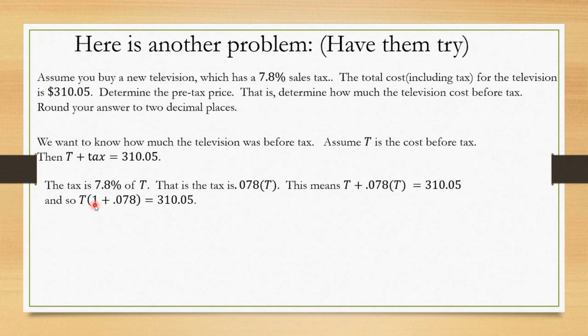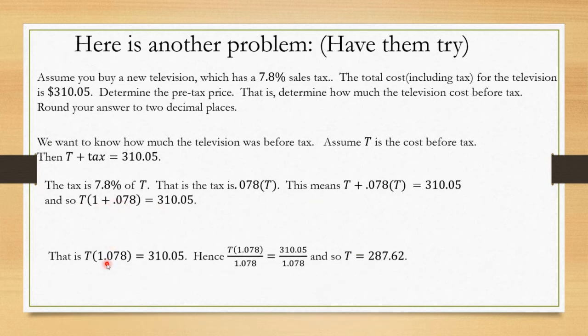Here, we have T times this sum. I took T out. Again, that's distribution in reverse, factoring. This is the same as 1.078 times T. So we have this equation. How do we get T? We just divide. T is the unknown, and that's what we're doing here. So this is the price before.